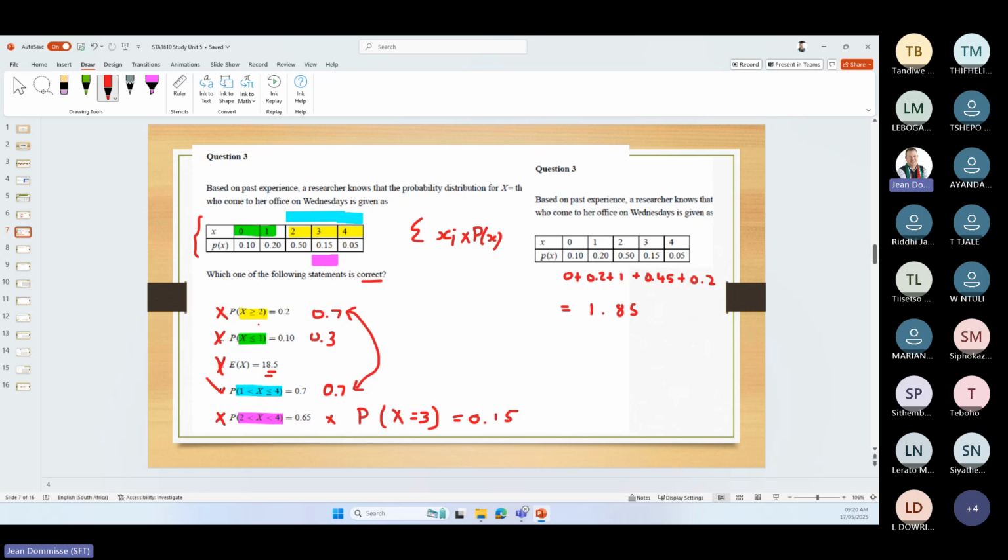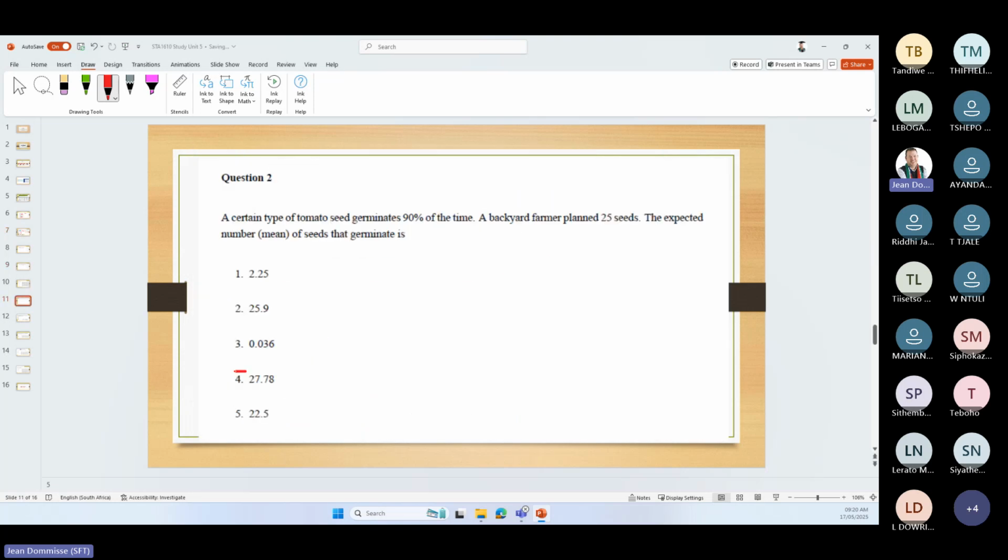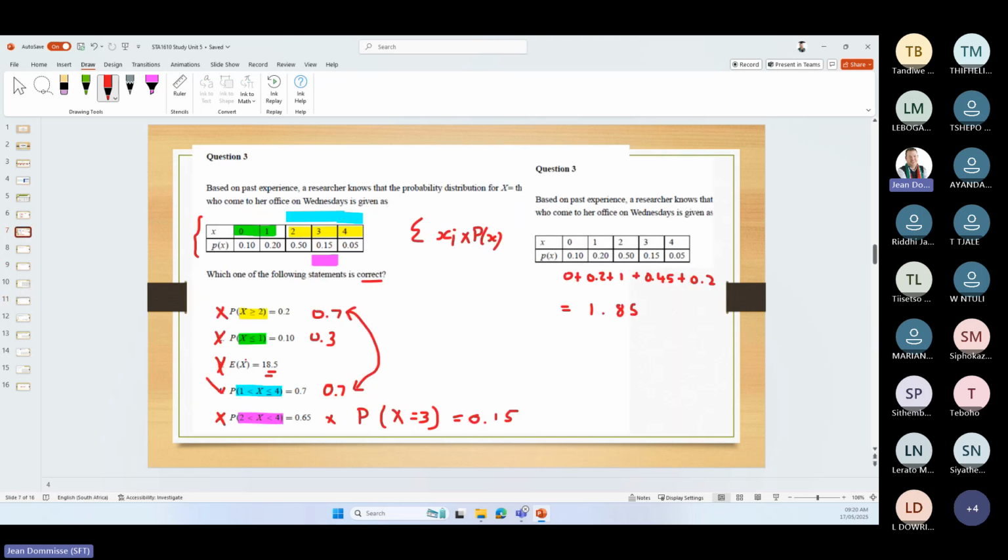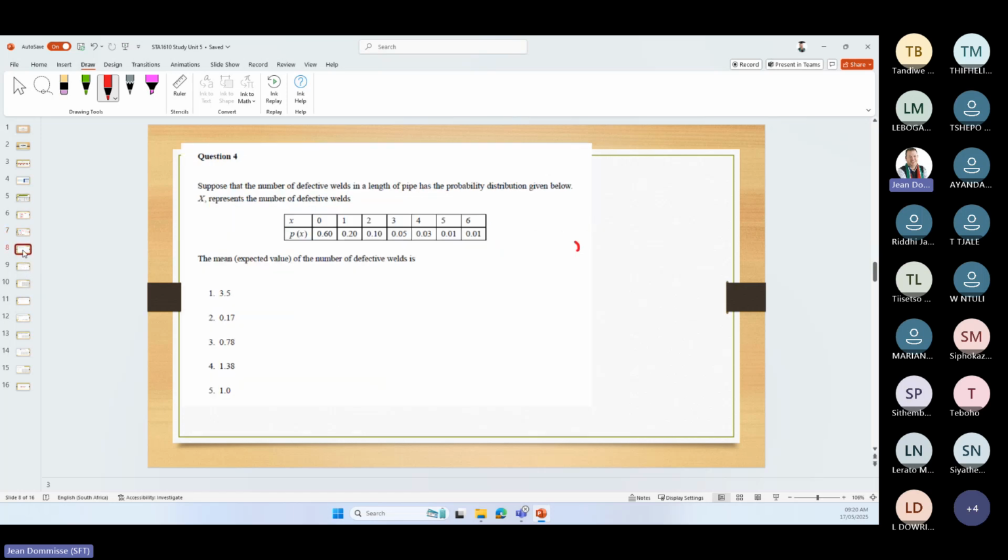There will always be probability. There might be expected value, and you might also get a variance question around it. But normally, especially in the exam, to save time, it will most likely be one of the probabilities.